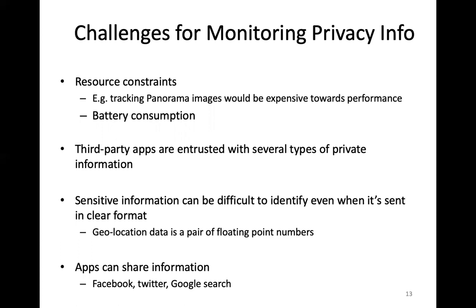Likewise, most location data is just a pair of floating point numbers. So even if you see that information in the clear, how do you know that it's actually sensitive data? And many applications, in fact, do share information for all sorts of useful reasons. So how do you detect which app is doing it to violate your privacy and which is not?